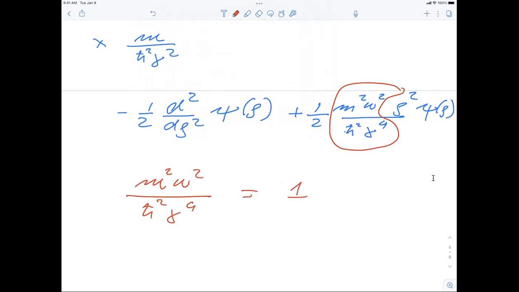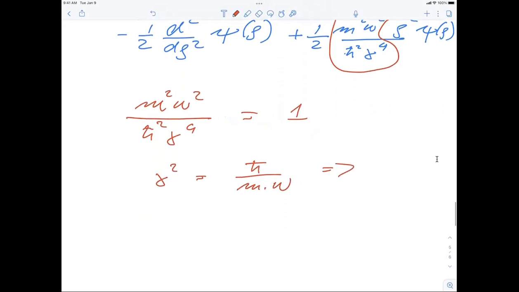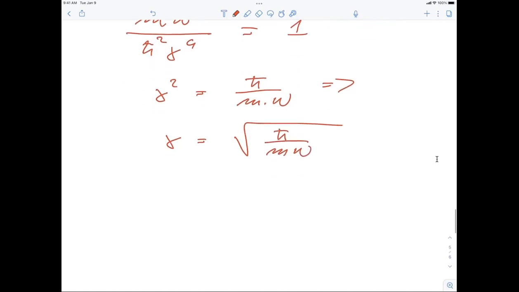This is going to introduce what we will call a natural length scale. So when I do that, what I get is that gamma squared is equal to m times the frequency divided by h bar. And that means that gamma, which has dimension inverse length, and you can easily check that, is given by the square root of m omega divided by h bar. So this brings in what we might call a natural length scale.